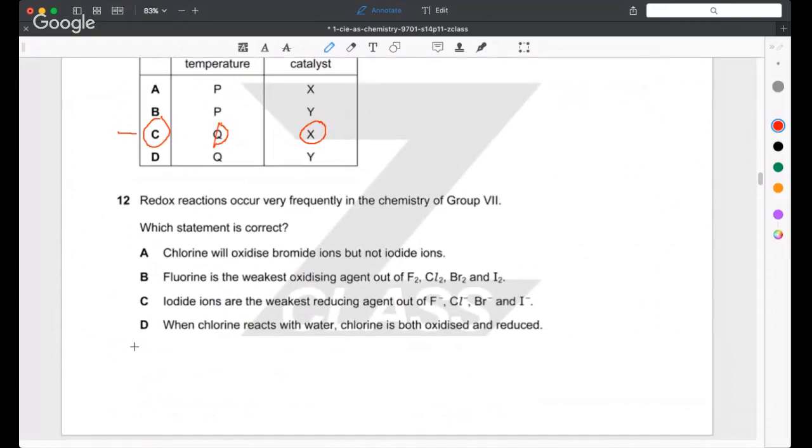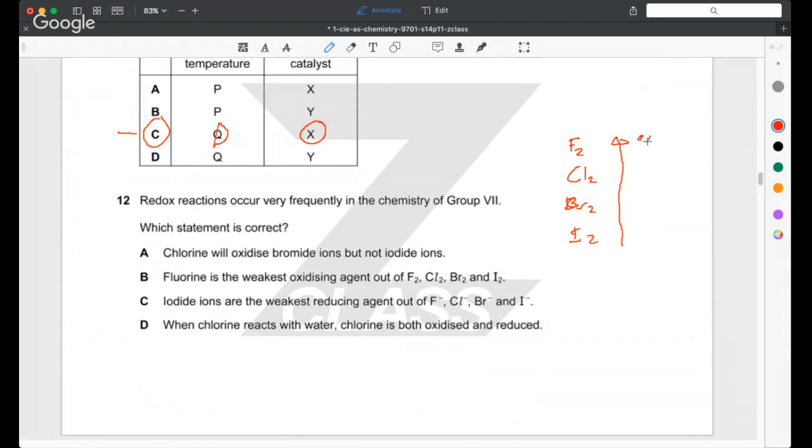Okay, so next one. Let's see, we've got to see which statement is correct. Well, you're talking about group 7, so you've got chlorine, and in order going down the group, you've got bromine, you've got iodine, and at the top of the group you've got fluorine, haven't you? And you know that the reactivity of these elements increases up the group.